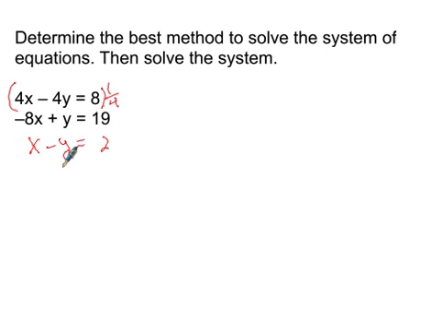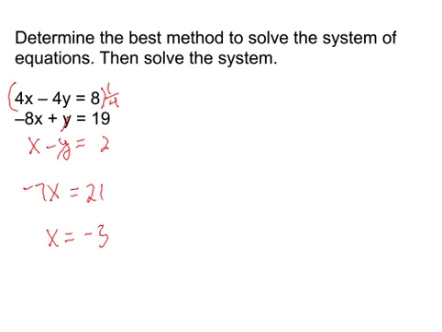You do it however you want to do it. And so elimination probably would be the easiest, wouldn't it? So eliminate those two, and then you've got negative 8x plus x is negative 7x. And then 19 plus 2 is 21. So divide by negative 7, and x is negative 3.